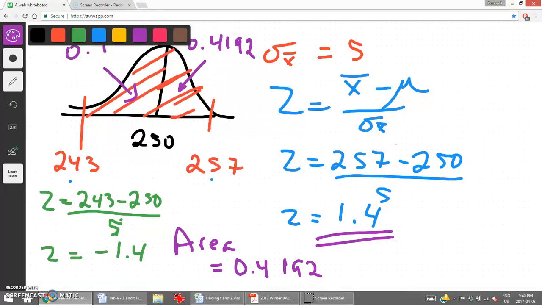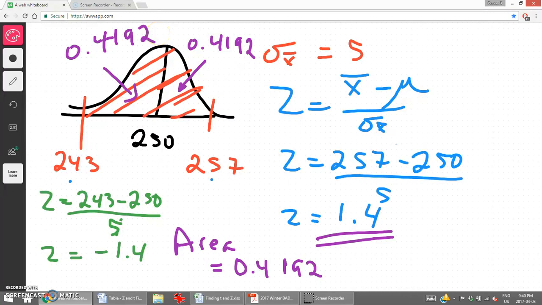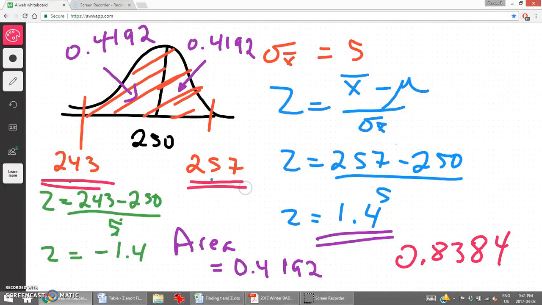So the total area we get, we add them together and multiply 1 by 2. We get an area of, and our final answer, 0.8384. So approximately 83.84% of the sample means should be between 243 and 257.